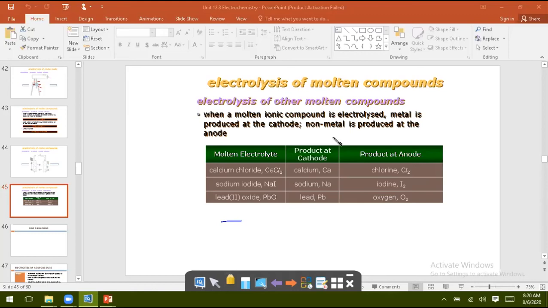All right. Let's continue. Sodium iodide. For sodium iodide, the product at the cathode will be sodium metal.